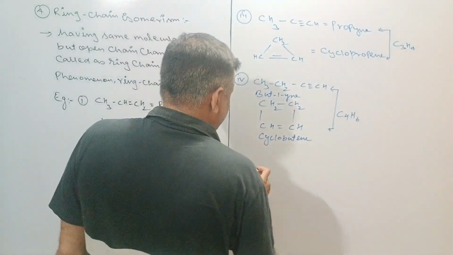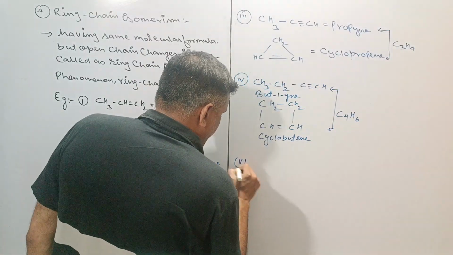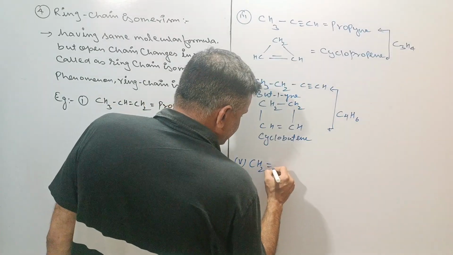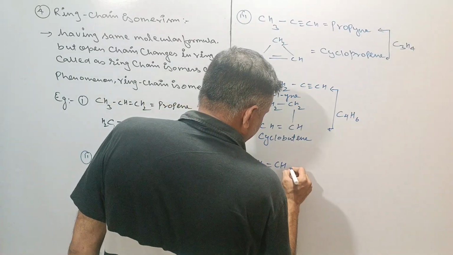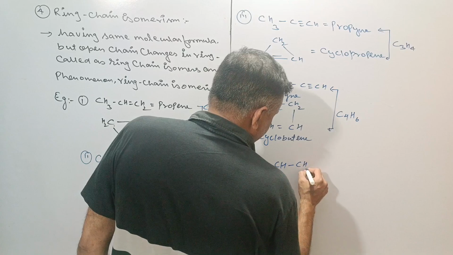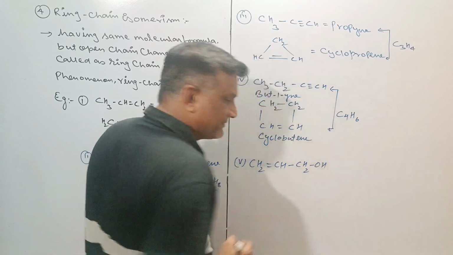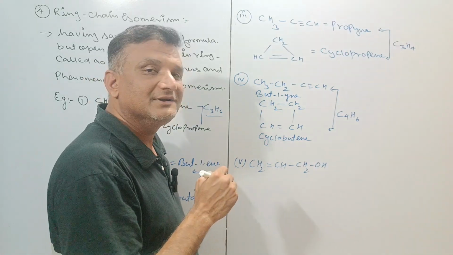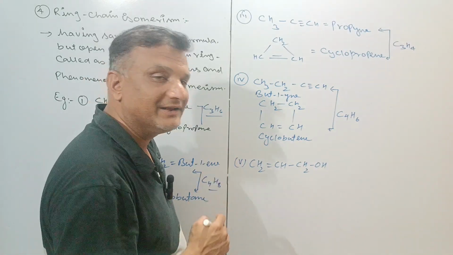If we go with another example, we can take an unsaturated alcohol like this, CH2=CH-CH2OH. Unsaturated alcohol shows ring chain isomerism with a cyclic ether.